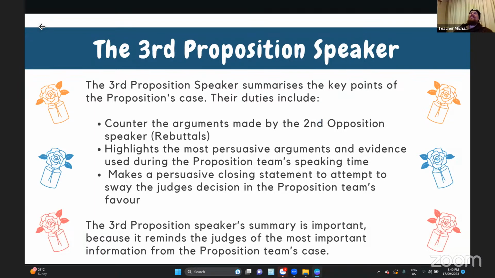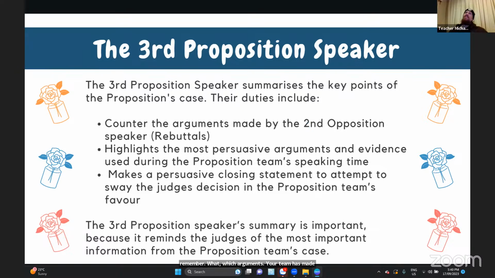Okay, so with the definition of signposting again, that's just making it really obvious where you are in your speech so nobody can get lost and nobody can misunderstand what you're saying. So when you combine the technique of signposting with the highlighting the most persuasive arguments and evidence responsibility of the third proposition speaker, you make it very easy for the judges to be able to remember which arguments your team has made.